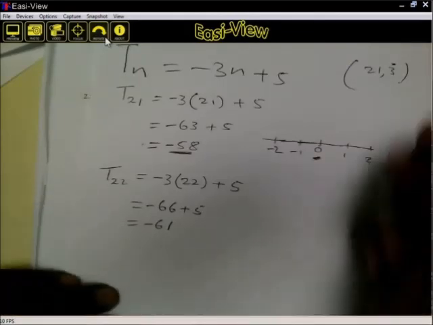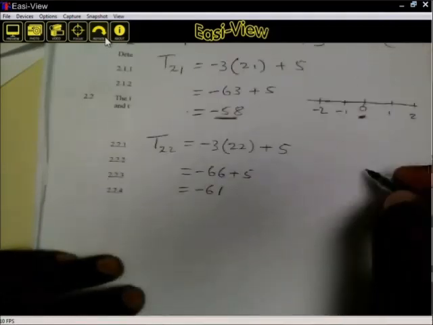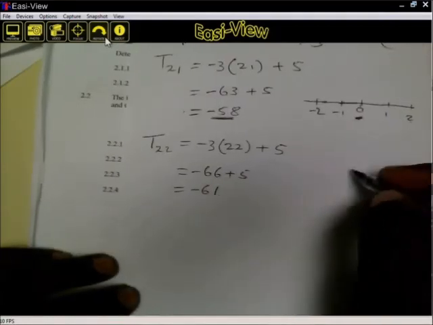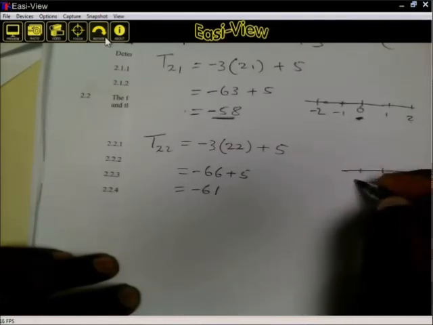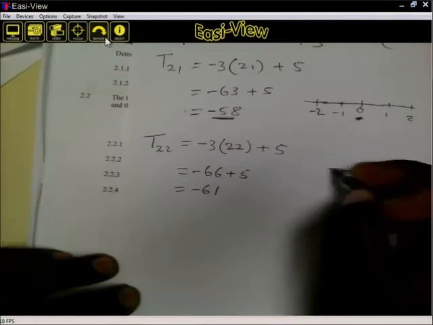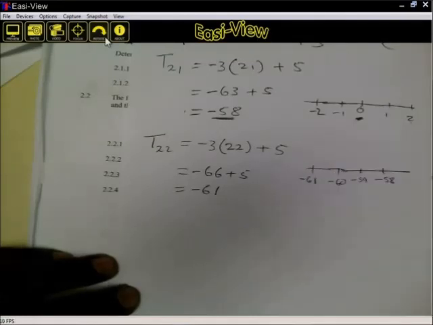The same with negative 59 and these other numbers. Remember, on the number line, we will have negative 58 coming first, then negative 59, negative 60, and negative 61.